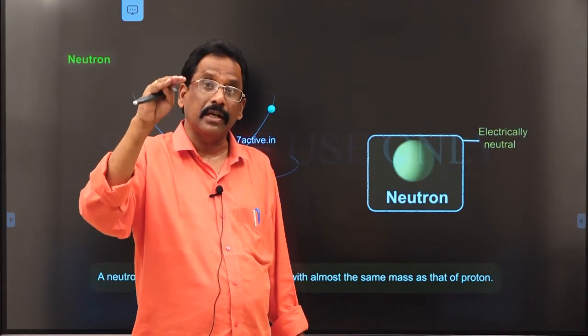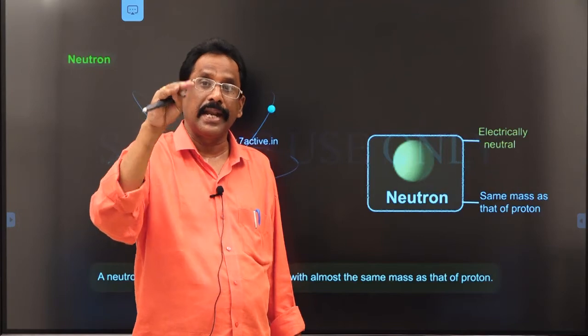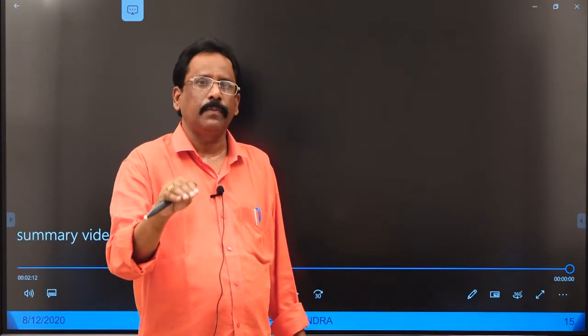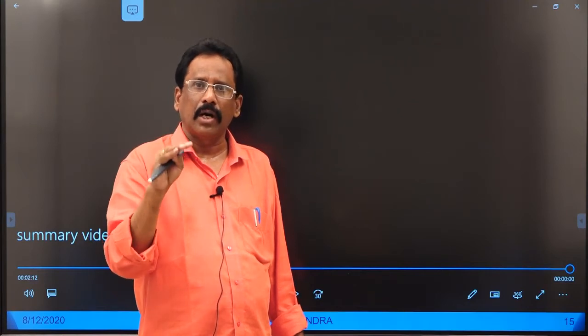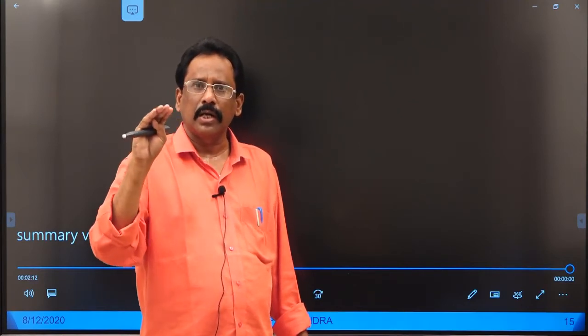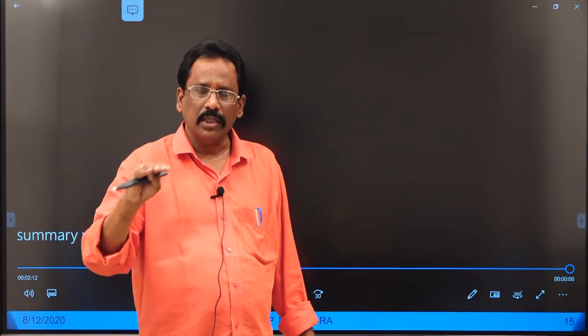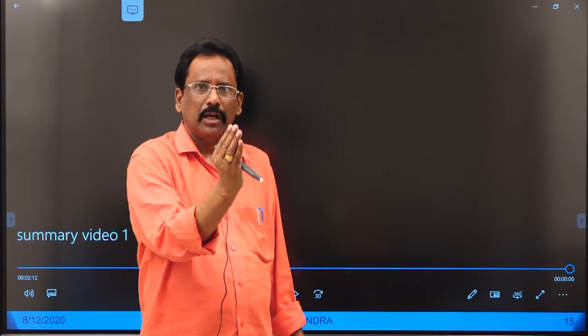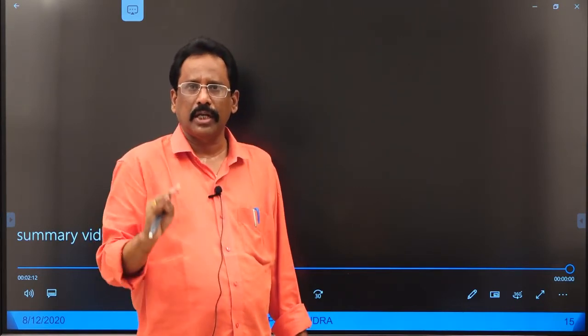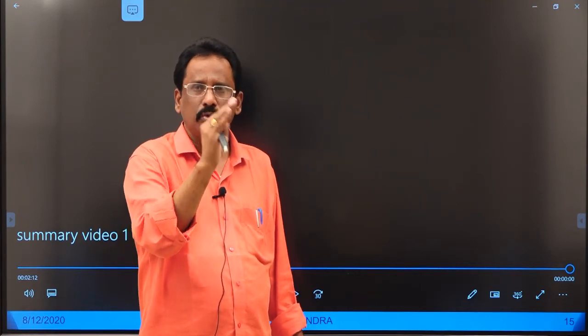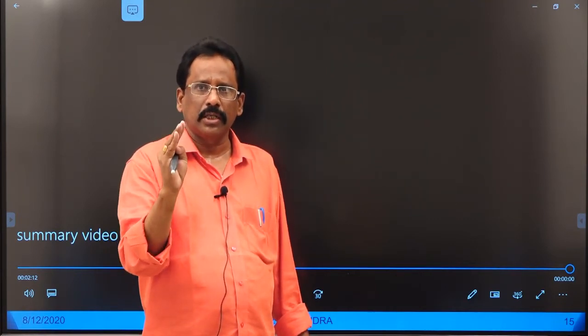About 36 other particles are also present in an atom, but most of them are unstable. Only the stable particles present in an atom are electron, proton and neutron. Among these three fundamental particles, electron possesses uni-negative charge, proton possesses positive charge, neutron charge is 0.